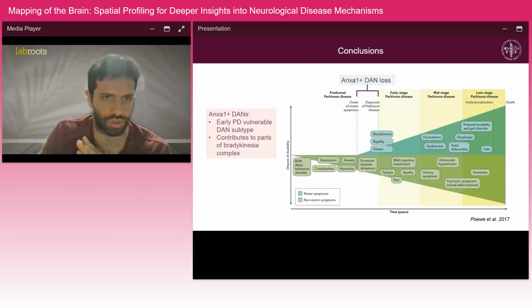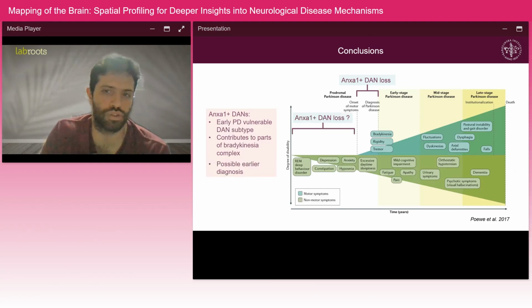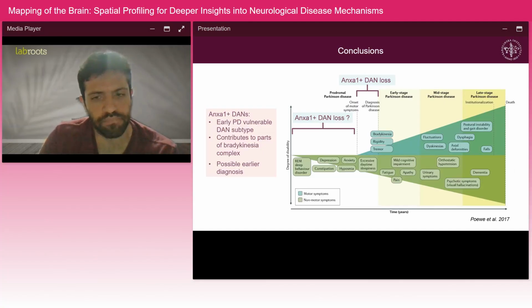It's a motor syndrome that is subtle. The patients do not really see it themselves until they go to the doctor. So the future research, we are trying now to resolve this part: how AXA1 dopamine loss might affect very early prodromal states, even before the bradykinesia, or if it contributes to any non-motor symptoms. But that's the main overview of what we did.